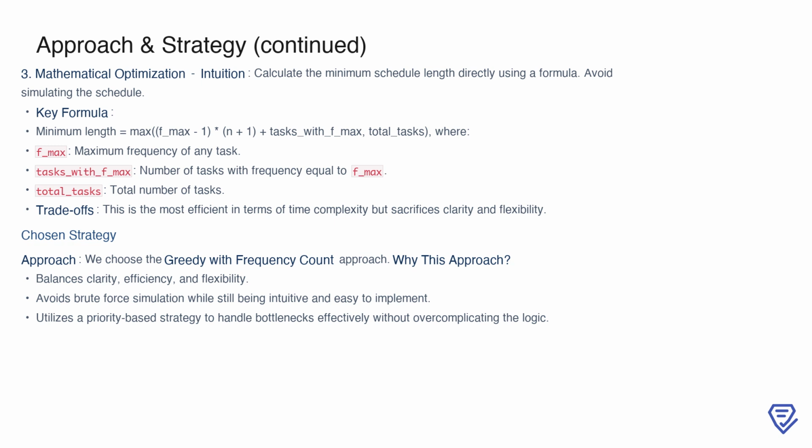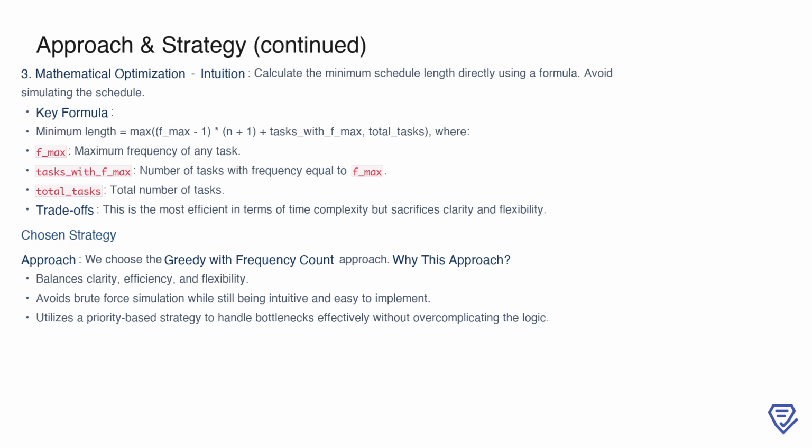This formula accounts for both the spacing required by the most frequent tasks and the possibility of additional tasks filling idle slots. While this approach is highly efficient in terms of time complexity, it comes with trade-offs. Specifically, the reliance on a formula can make the solution less flexible and harder to generalize or debug compared to other methods.